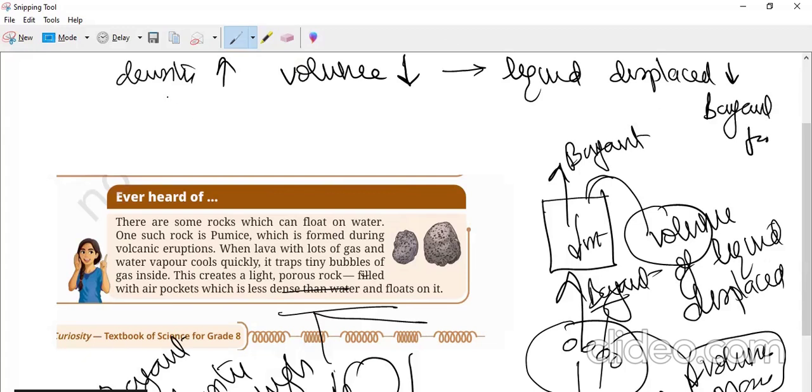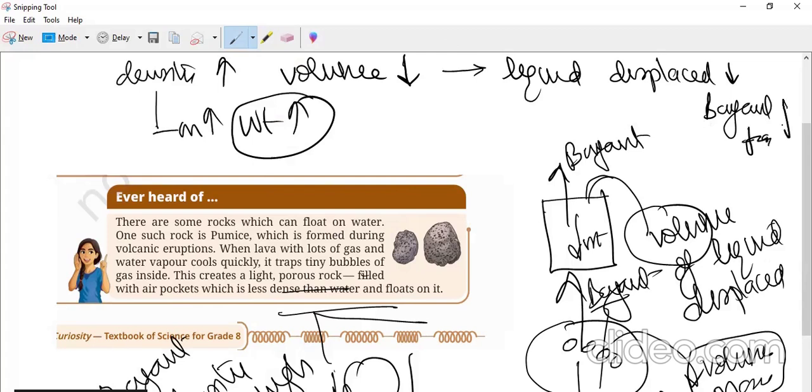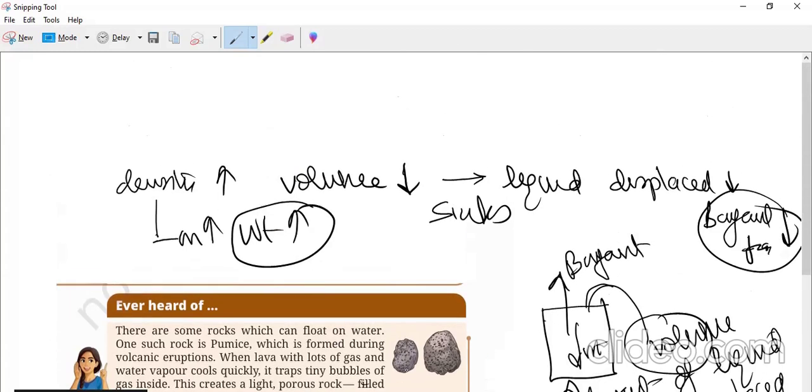And density is more means mass is more, so weight is more. Weight is more, buoyant force is less, so it sinks. But if the opposite happens, if the density is low, then the volume will be high.